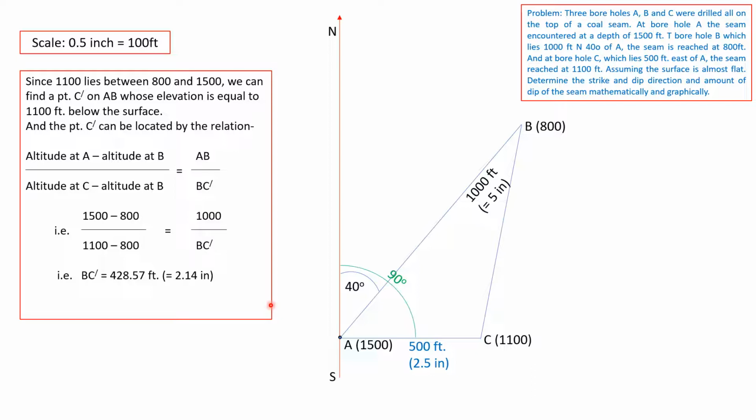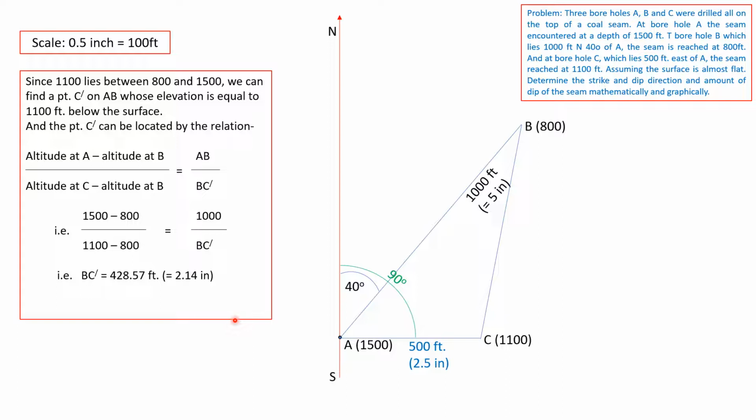And the point C dash can be located by the relation: altitude at A minus altitude at B, by altitude at C minus altitude at B, equals AB by BC dash.